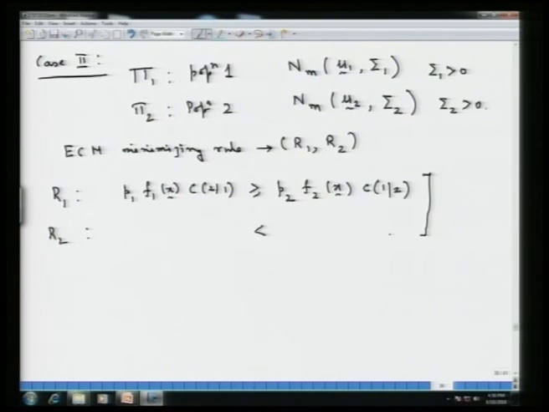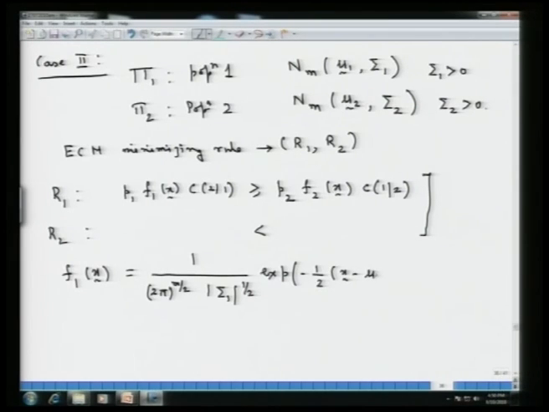Now, for the given problem, f1(x) has a term similar to what we had earlier, with the only difference that the sigma matrix is going to be different for the two populations, and hence the density is going to be different here as well, which was the same earlier because the sigma matrix was the same in both.